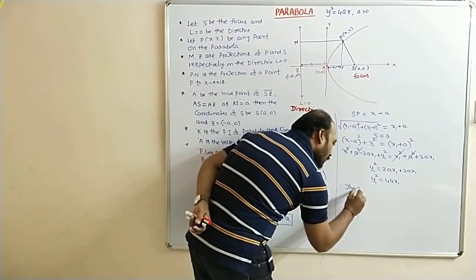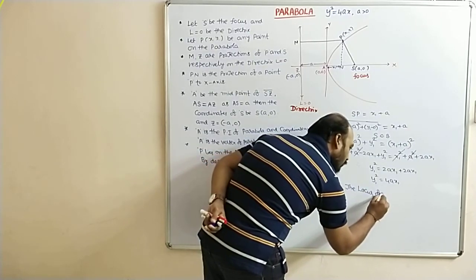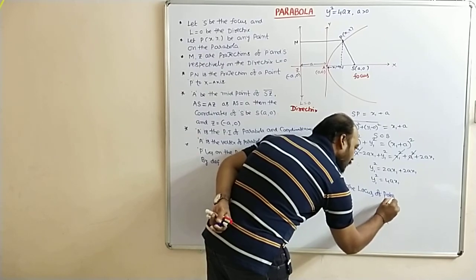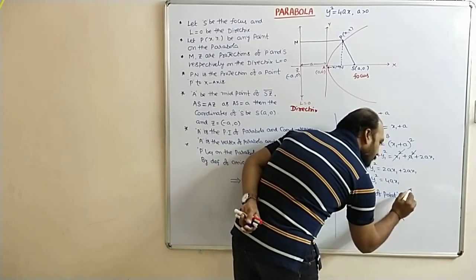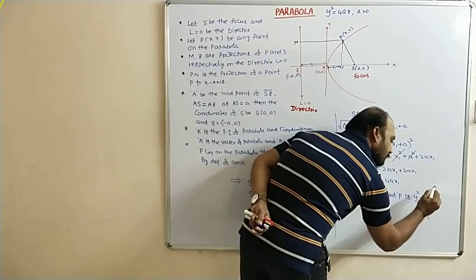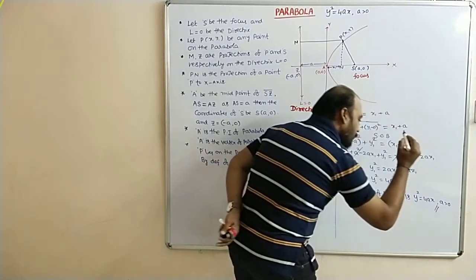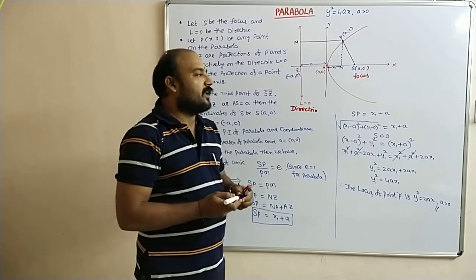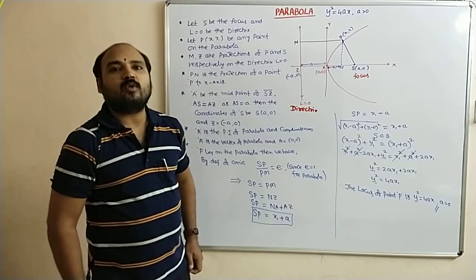Therefore, the locus of point P is y square equal to 4ax, where a is greater than 0. Hence, proved. This equation is called the standard form of the parabola y square equal to 4ax.